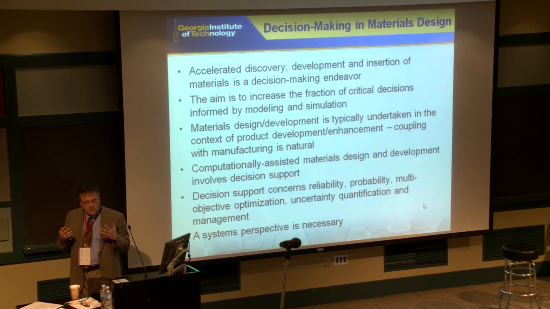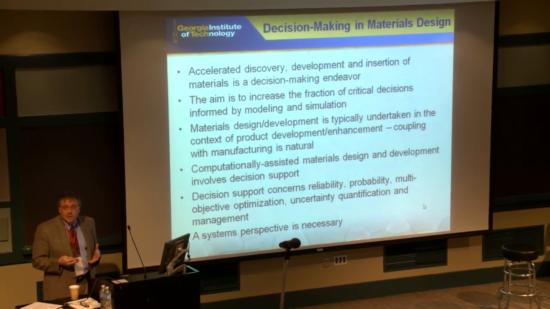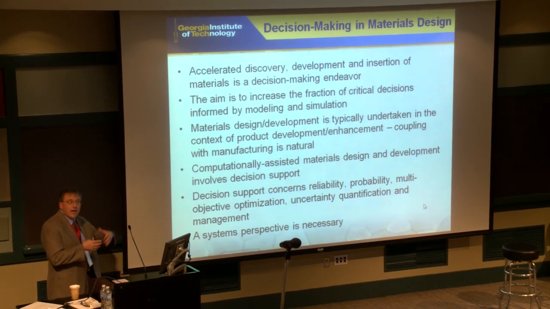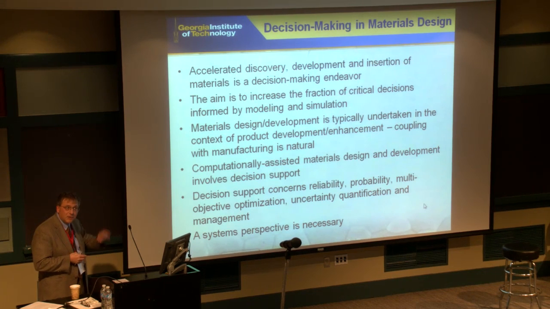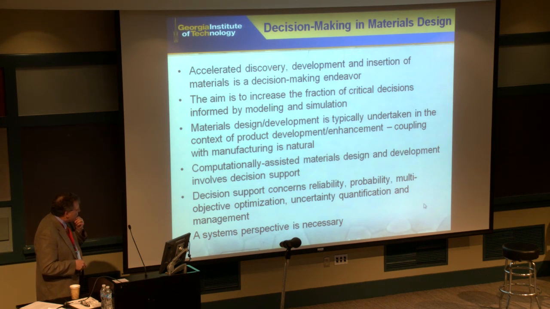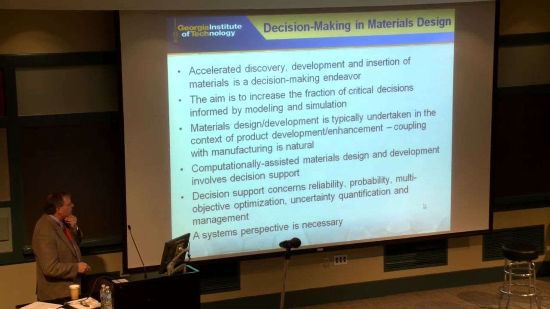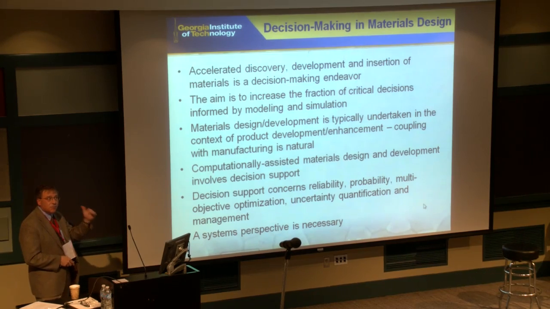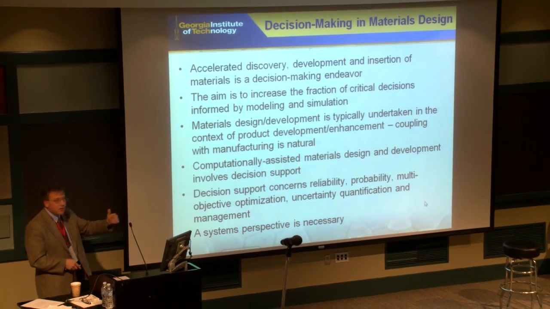Why? Because that's the way you're going to reduce the time, because it's very expensive to do it through experiments, and you can't look for the outliers and so forth. You're not going to go to those interesting spaces. The coupling with manufacturing is quite natural. And when we talk about computationally assisted materials design, we're really talking about using computation in a decision support role, like a lieutenant to a commander.